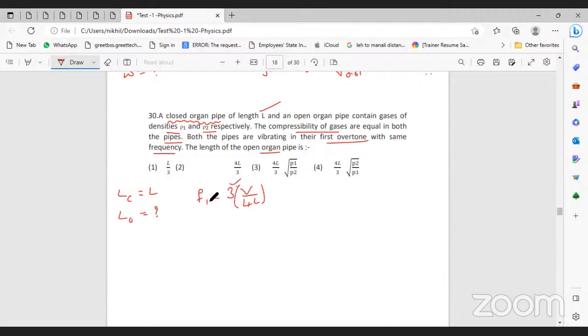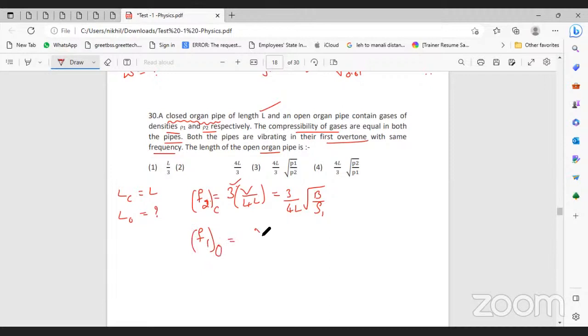For the second fundamental frequency, F2 of the closed pipe is 3 times V by 4L, where V can be taken as the square root of bulk modulus by the density, B by ρ1. Now, what is the fundamental frequency of the open pipe?